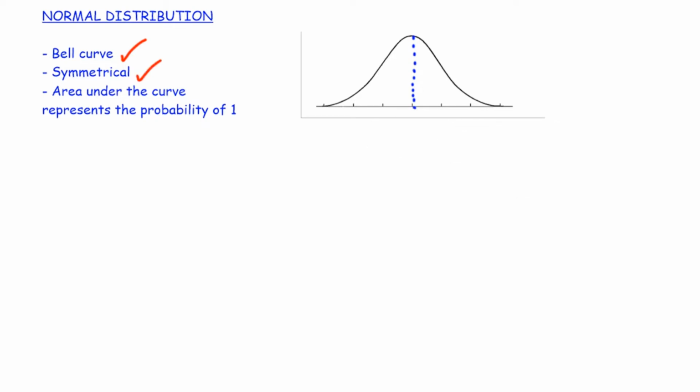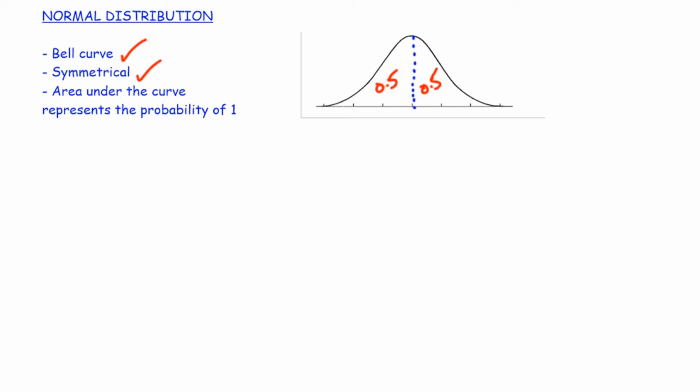And next, the fact that the area under the curve represents a probability of 1. We're going to use our normal distribution for problem solving based around probability. And a key fundamental point is that the area underneath this curve, which we could have found through integrating, is going to total to 1. So the area below the mean is 0.5, and the area above the mean is also 0.5.